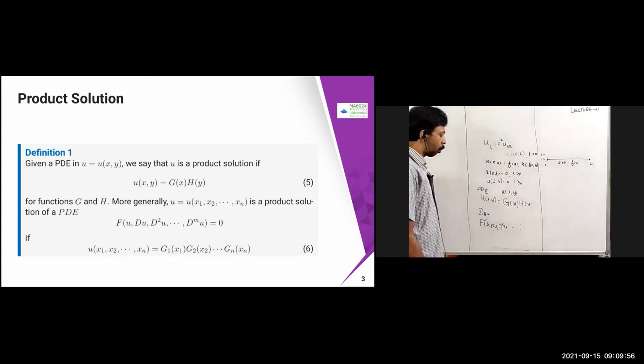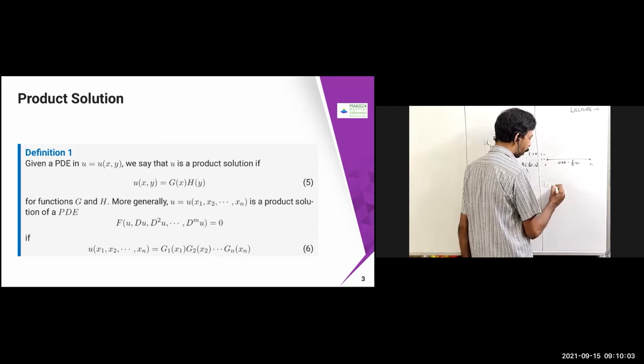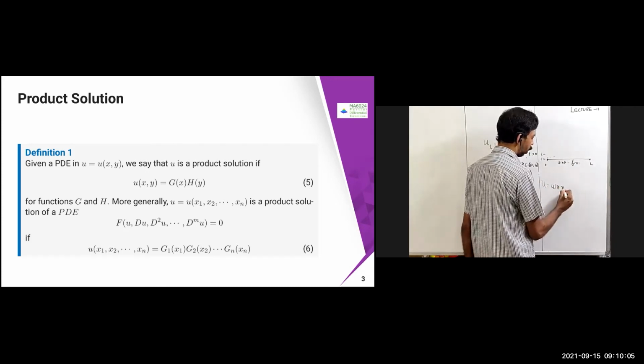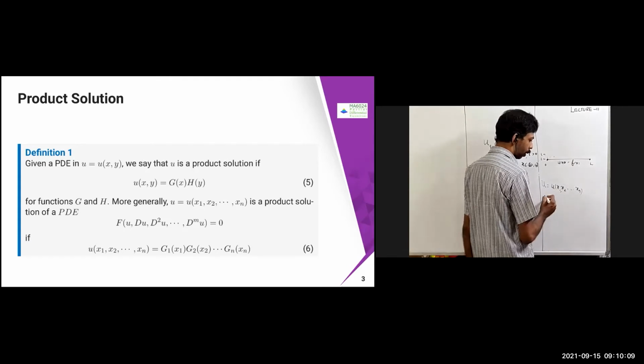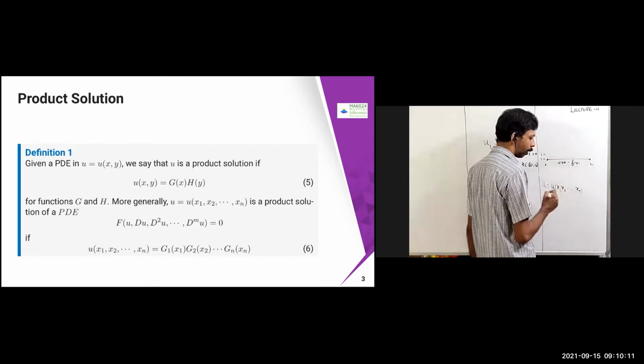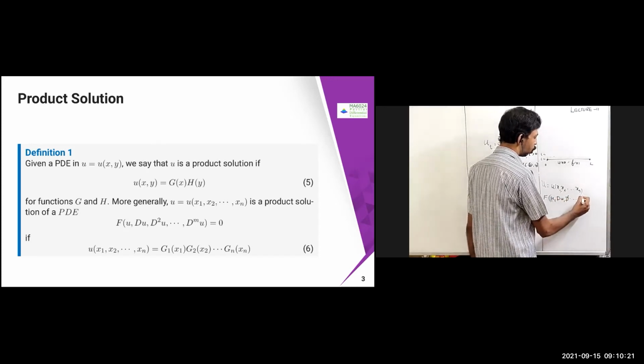More generally, suppose you have a u in an n-dimensional problem, u equal to u of x1 comma x2 comma xn, and that can be written as a product of functions. This is going to be a product solution of this PDE, f of u comma du comma d square u, etc., equal to 0.